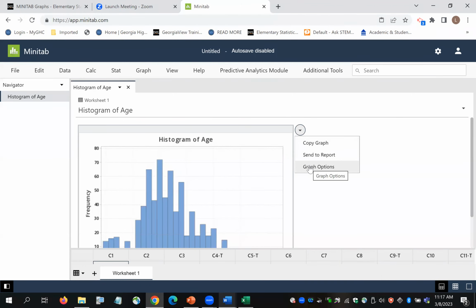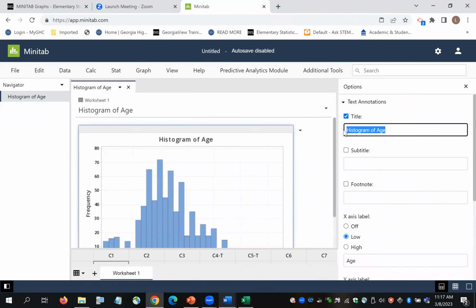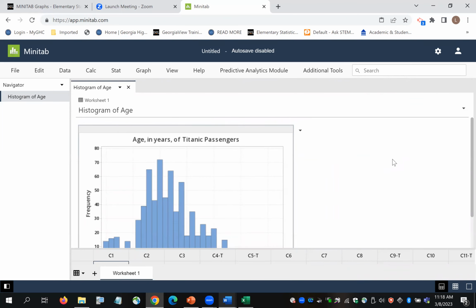Click, choose graph options, and I'm going to put in my histogram title: age, in years, of Titanic passengers. Again, I've told you what I've measured, how I measured it in years, and who it was, Titanic passengers. If I had the dates of when the Titanic sailed, we could put the year in there. But again, try to make the title as detailed as possible. Who, where, what, when.